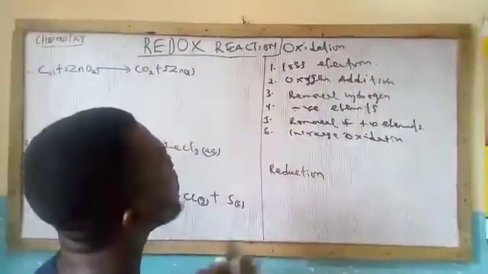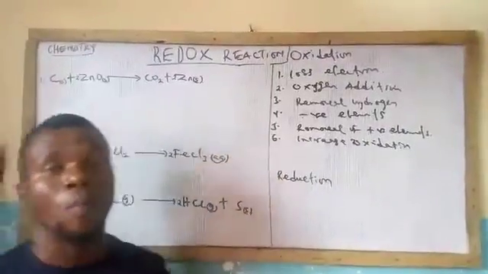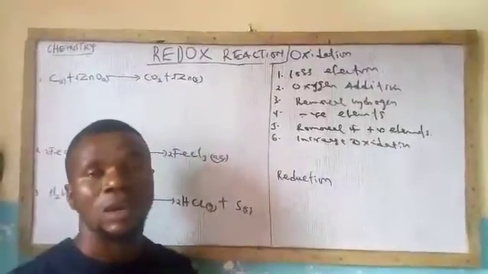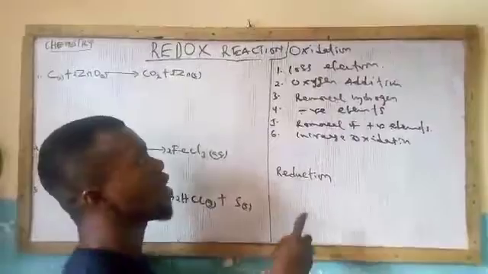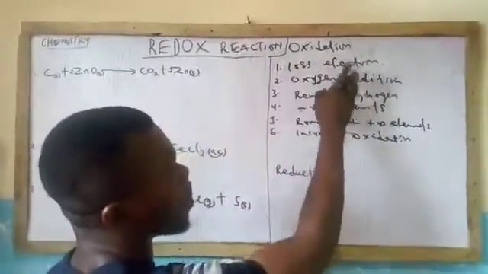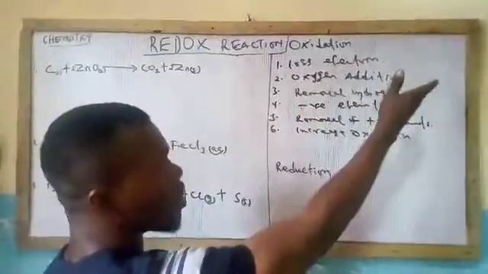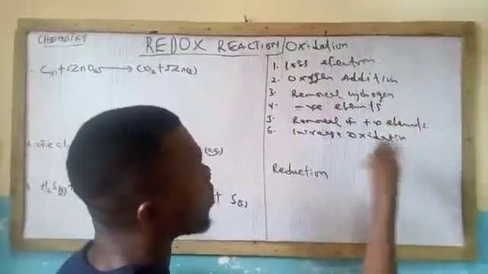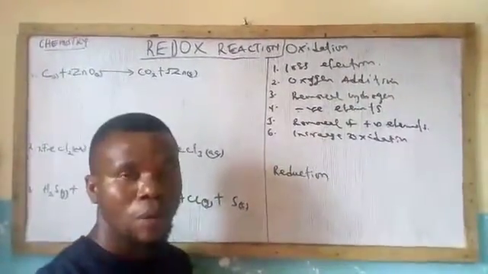Now, whenever this process occurs, there is always an element or compound that brings about the process. We describe them as reducing agent and oxidizing agent. A reducing agent is an element or compound that loses electron, in terms of oxidation. It also involves an increased oxidation number.